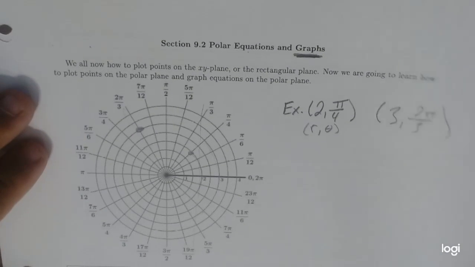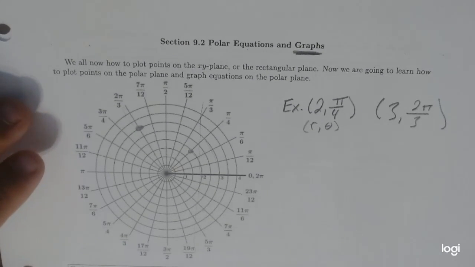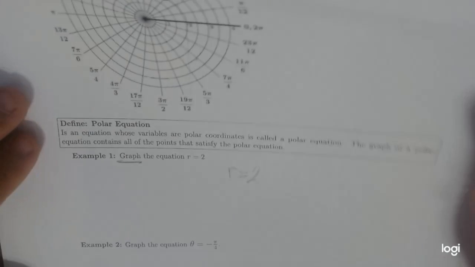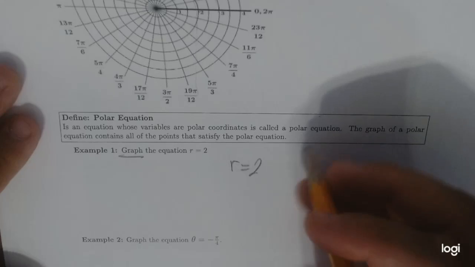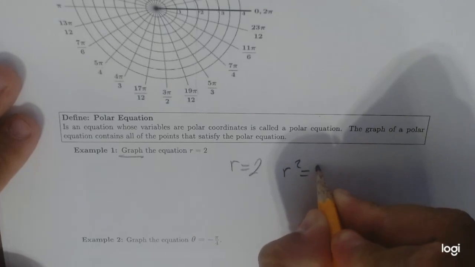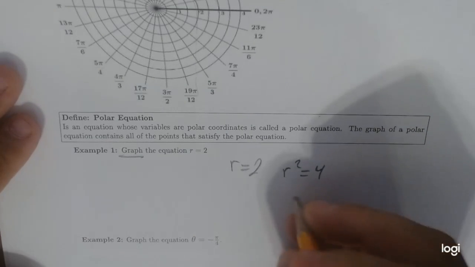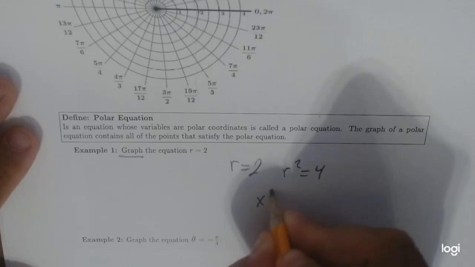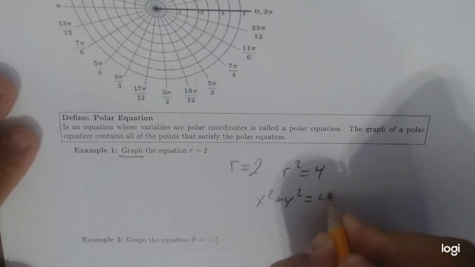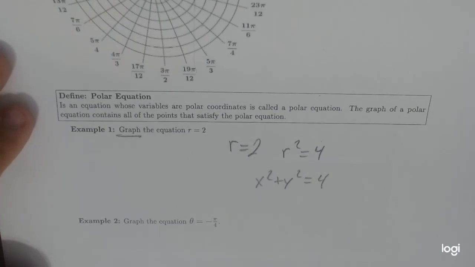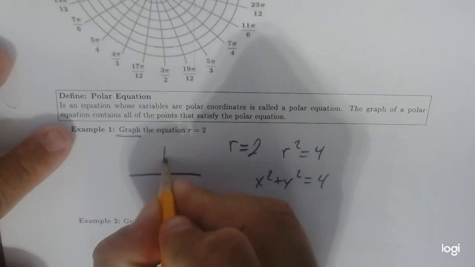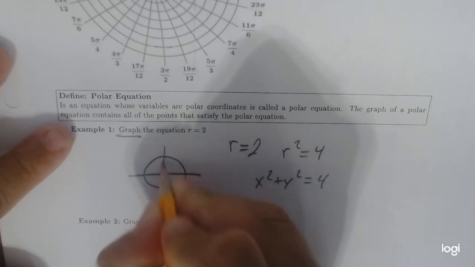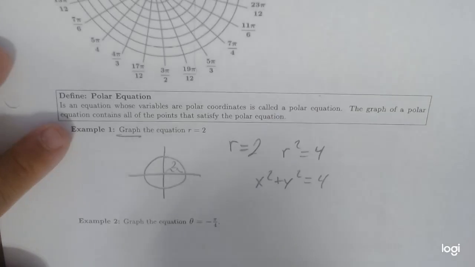Now, if you want to know how that looks in the rectangular plane, what if I want to convert this to rectangular form? We have to square both sides. So we get r squared equals 4. And we know r squared is x squared plus y squared. So essentially we get a circle, which we'll talk about later on in the course, but this ends up being the equation of a circle with a radius of 2.